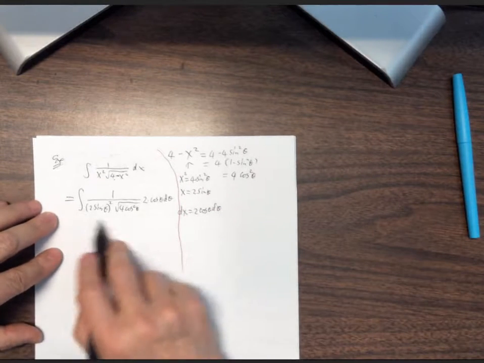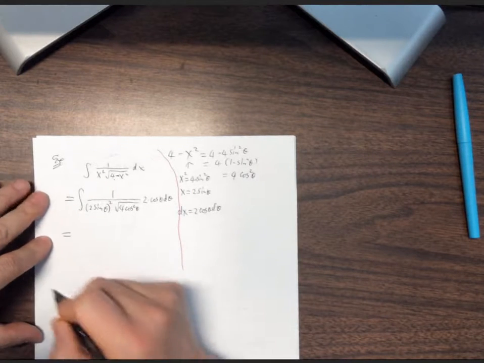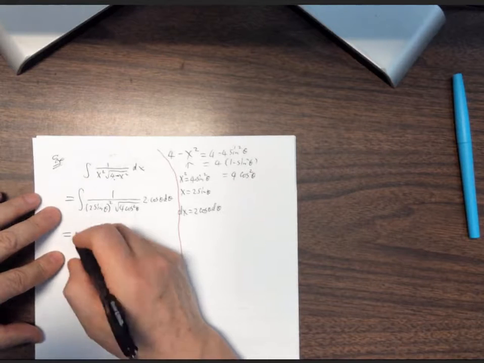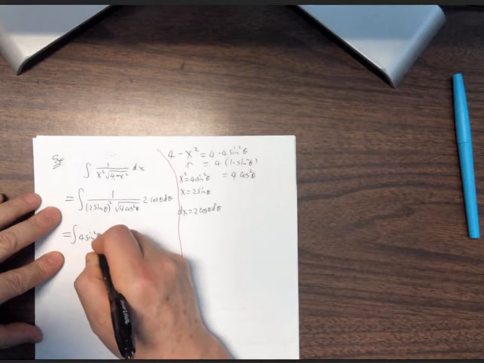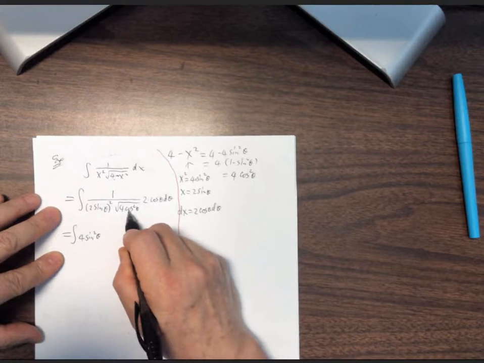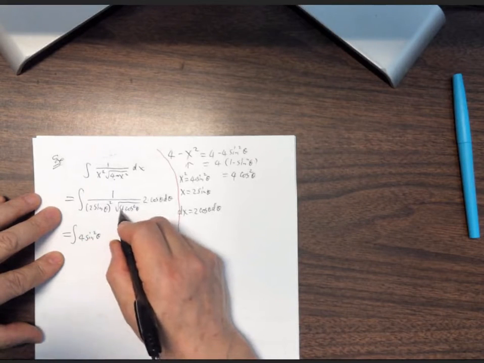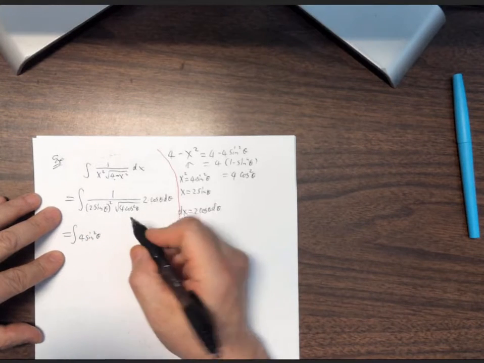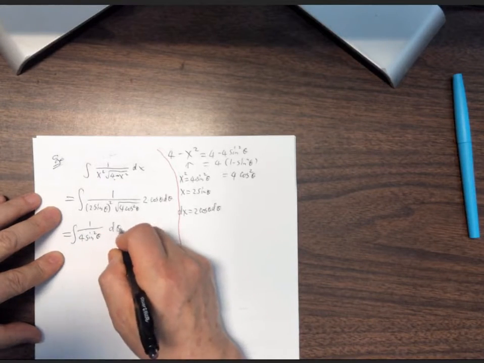Okay, you see trig everywhere. Now, how am I going to integrate this trig? Simplify first. This is a 4 sine squared, cosine, there's a square root, they cancel each other. 2 and the square root of 4 is 2, cancel out, so it turns out it's actually that.